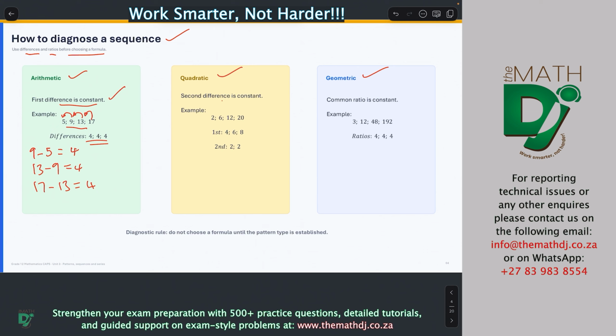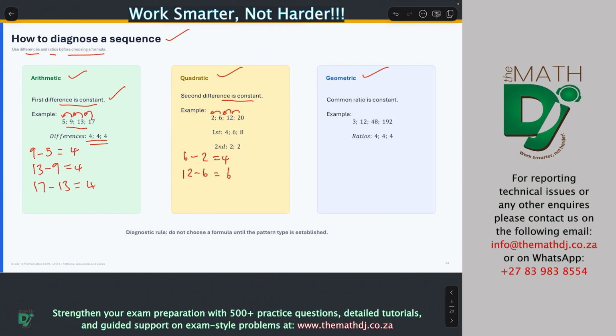Then quadratic: the second difference is constant. What we mean is that when you calculate the first difference, 6 minus 2 gives you 4. Then 12 minus 6 gives you 6.